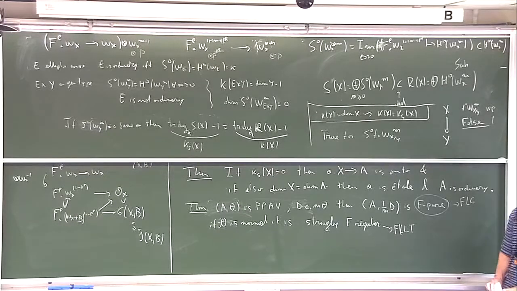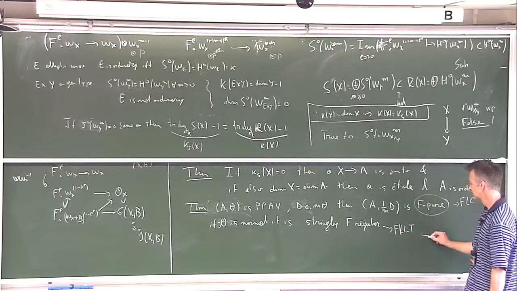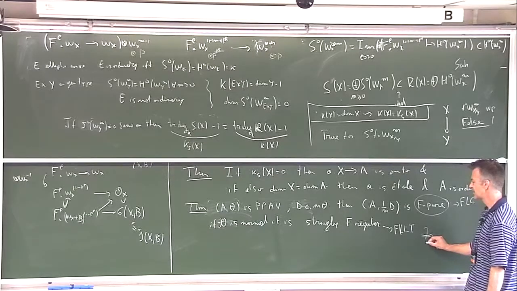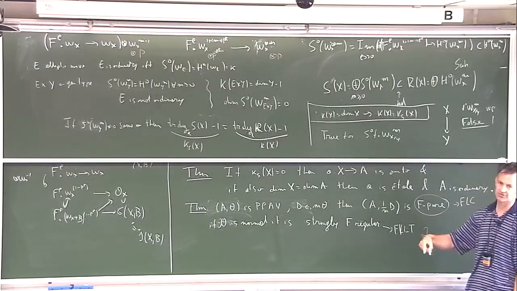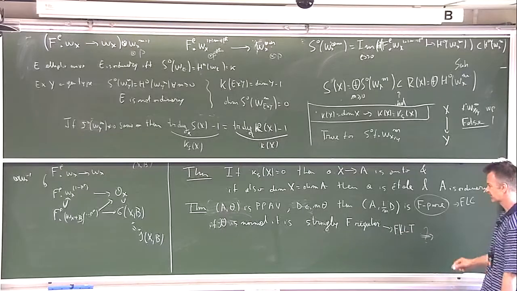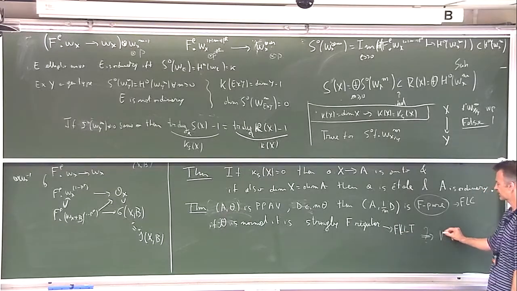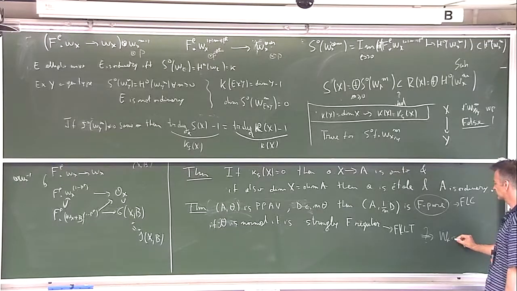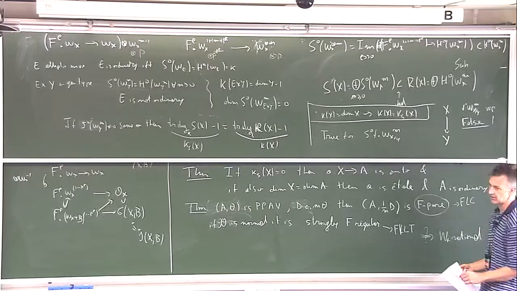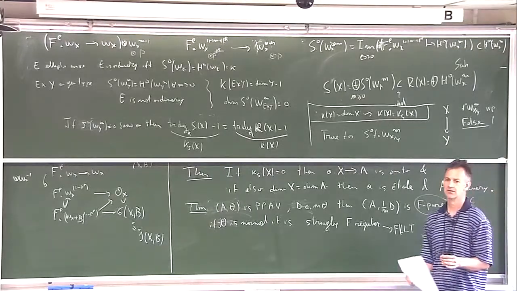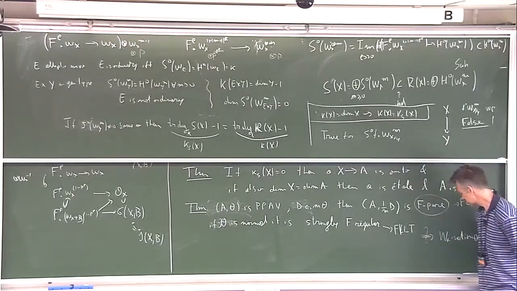So in particular, I believe, but I haven't checked, this should imply nice properties about the singularities of theta. Well, it certainly does imply nice properties, but I believe it implies in particular that they are, how do we call it, weakly rational? In the notation of Nakayama and Zhang.